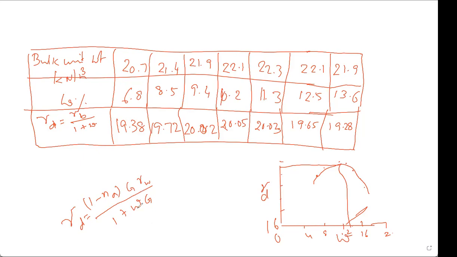This Na is the air voids. Now, the air voids should be 0, Na is equal to 0. Therefore, if you are marking the zero air voids line, the value of Na is equal to 0.